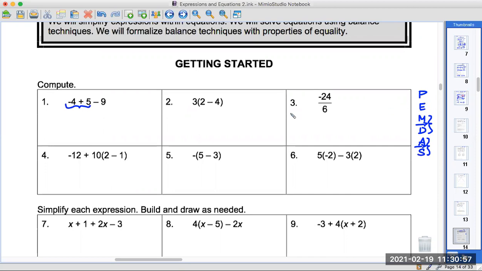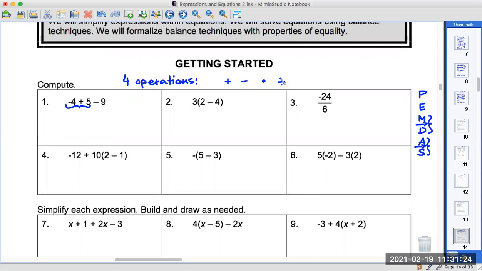So the 4 operations, I want to reiterate. We have 4 things we can do with numbers in this level. We can add them, we can subtract them, we can multiply them, and we can divide them. Your job is to figure out when to do what. That's the hardest part. When do I add? When do I subtract?